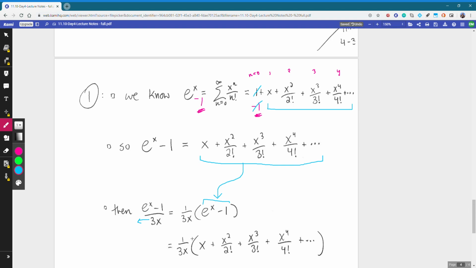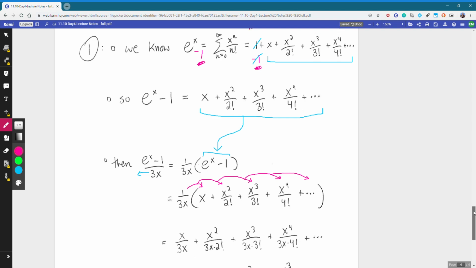All right, now this 1 over 3x, it's multiplied on this big old sum, right? And so essentially, just like we would if this was a finite sum, this 1 over 3x is going to distribute to every term here on the right. All right, so if we could see them, they distribute to all of those as well.